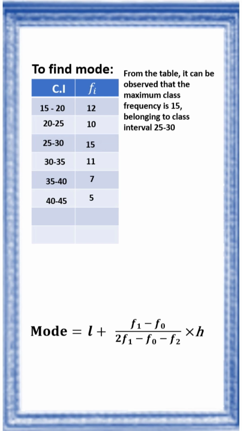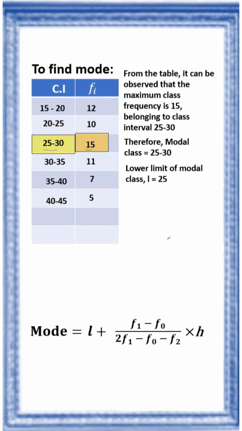From the table we can observe that the maximum class frequency is 15, belonging to the class interval 25 to 30. So the modal class is 25 to 30. Lower limit of the modal class L is 25.